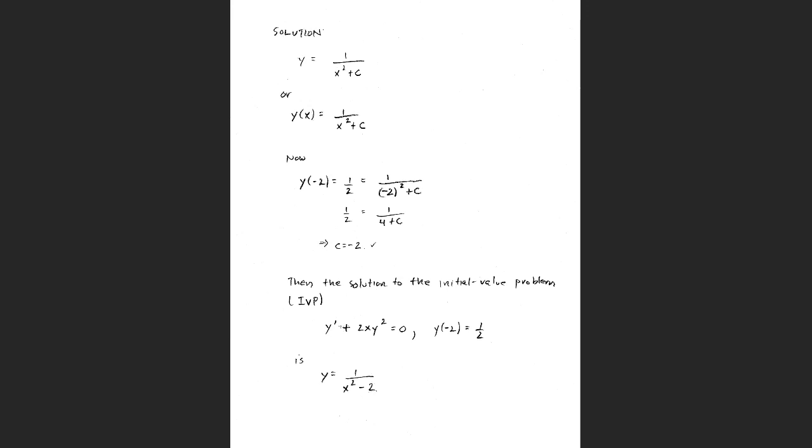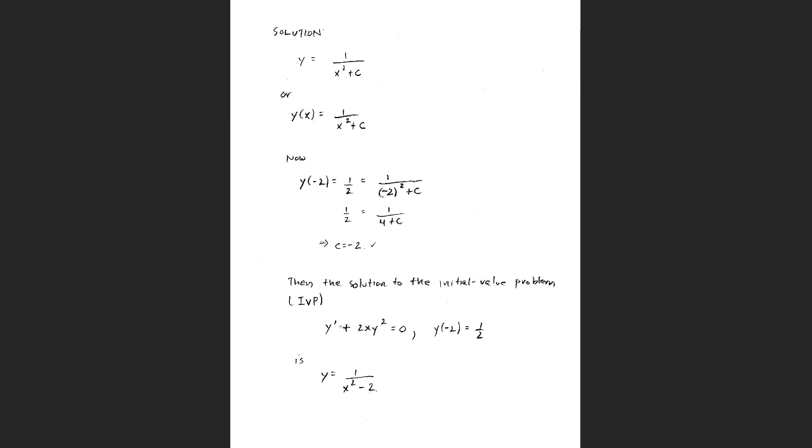We're given the solution is y equals 1 over x squared plus c. And that means we understand that y is a function of x. So y equals 1 over x squared plus c is equivalent to saying that y of x equals 1 over x squared plus c. Well, when x equals -2, the value of our solution at that x value is a half.